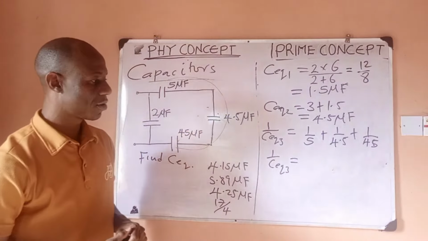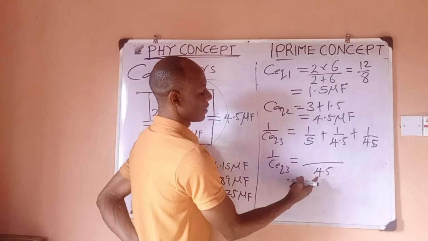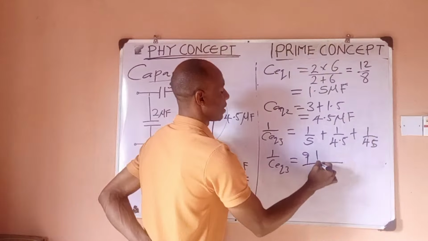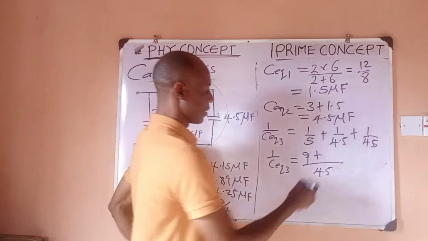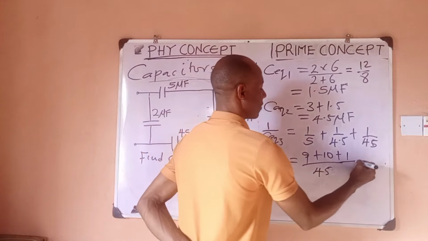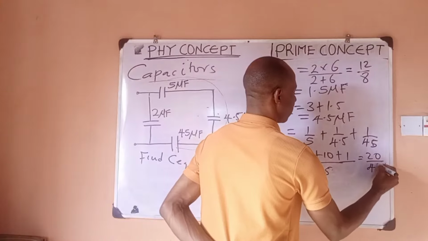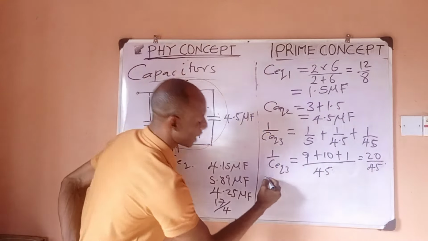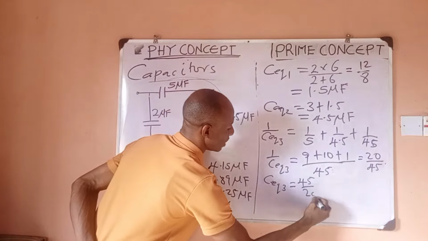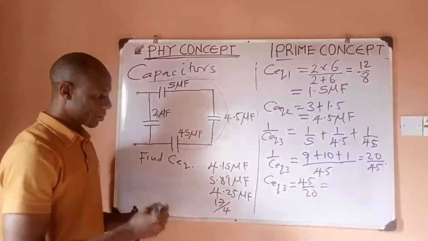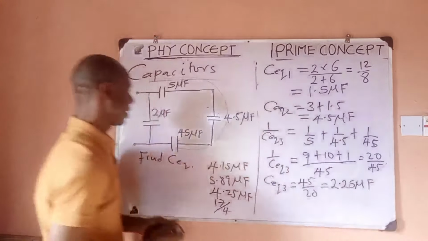I think I can go with 45. So 5 in 45 is 9. Yes, 9 times 1 is 9. Plus 4.5 in 45, 10. So I have 10 plus 1, right? So this is 20. So 20 over 45. So it means that my C equivalent 3 is going to be 45 over 20. Give me the decimal: 2.25 microfarad.